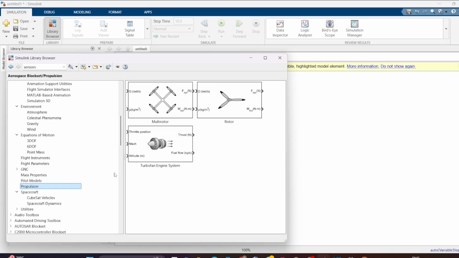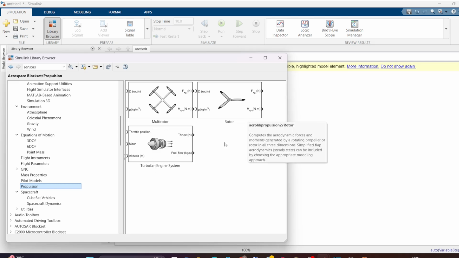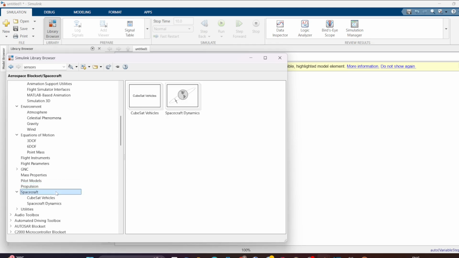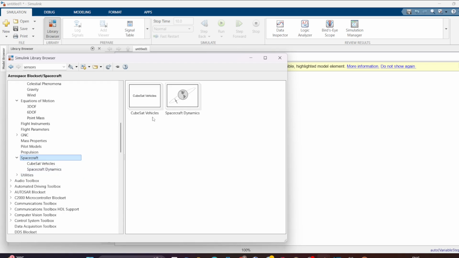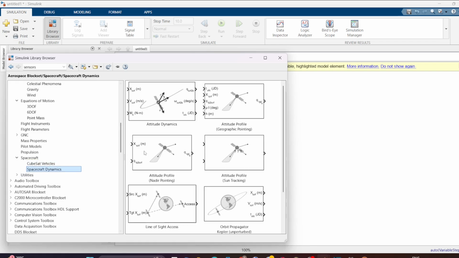Then we have propulsion. Here we have multirotor, rotor, and turbofan engine system. Then for spacecraft, we have CubeSat vehicles and spacecraft dynamics. In CubeSat vehicles, we have CubeSat vehicle custom pointing, CubeSat vehicle nadir pointing, and CubeSat vehicle sun tracking. Then we have spacecraft dynamics.